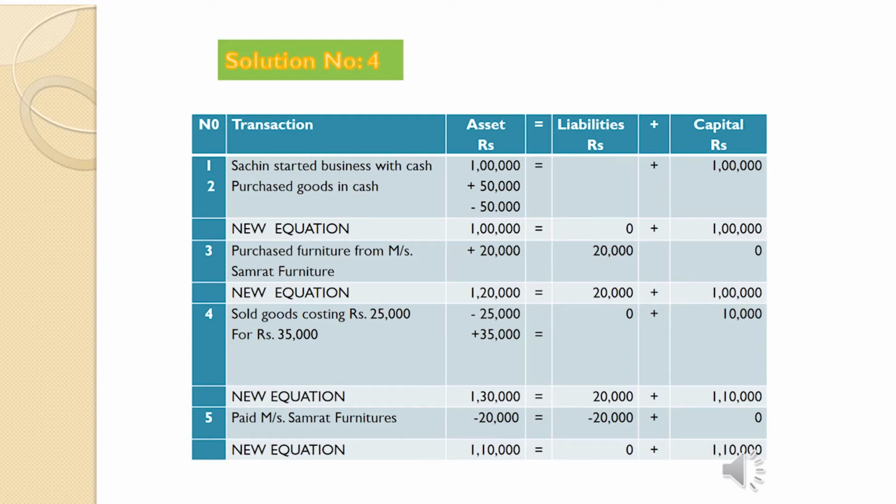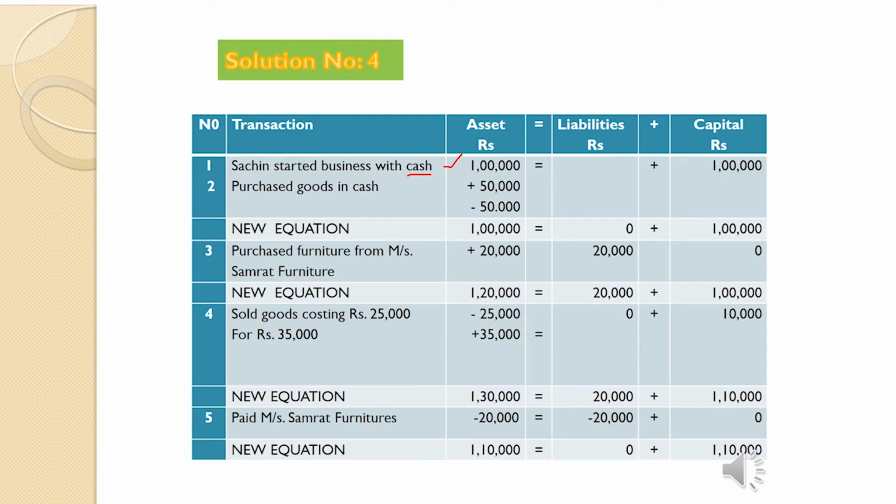Let us see the solution for this problem. First transaction is Sachin started business with cash. Here what are the accounts involved? One is cash account and another one is capital account. Cash is relating to asset, so in the assets column we write 1 lakh.